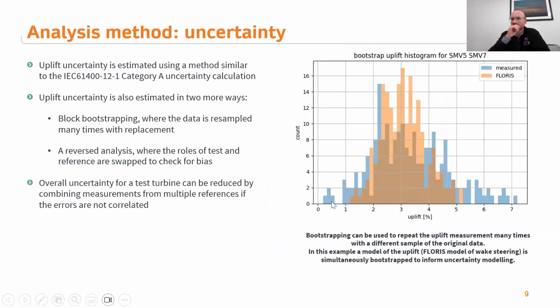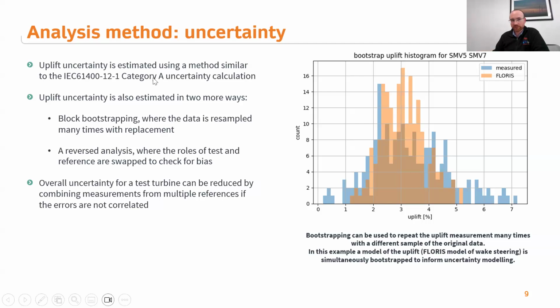And then this is the final slide about methodology, which is uncertainty. So uplift uncertainty is estimated in multiple ways in windup and then combined. The most familiar estimate method it does is quite similar to the 61400-12-1 category A uncertainty calculation, which is basically taking the standard error measured in each bin of the power curve and then aggregating that.